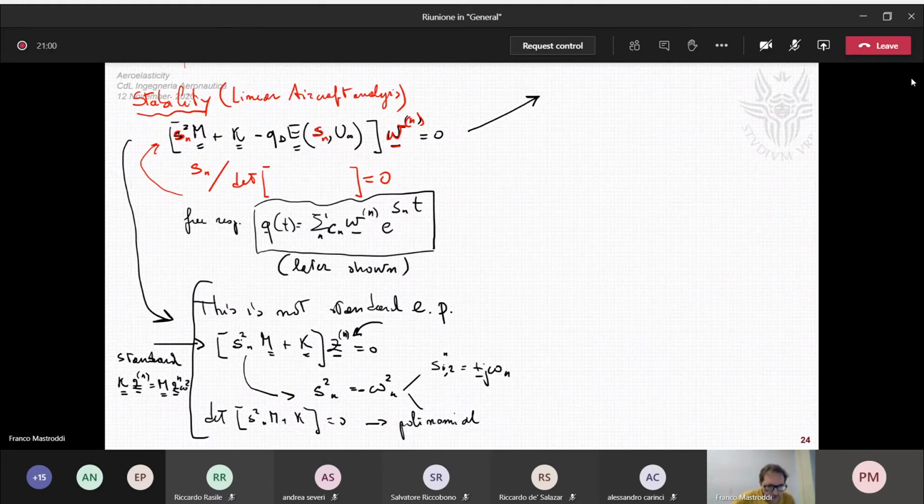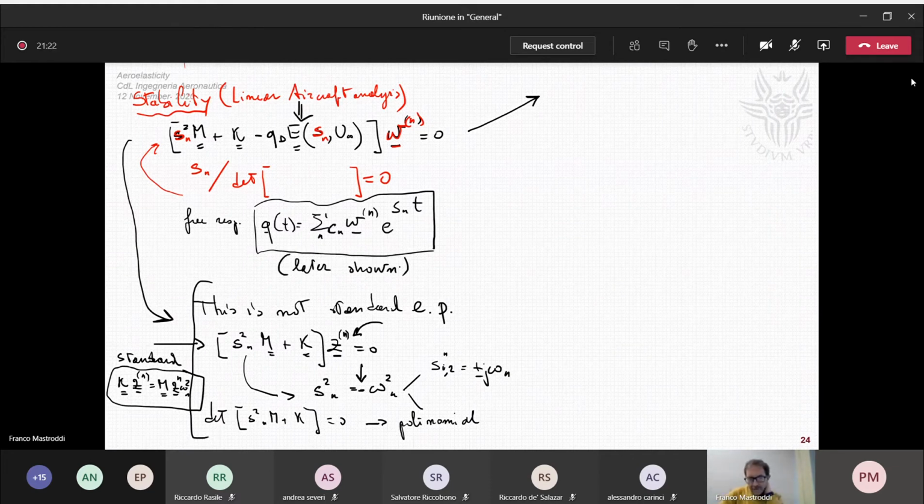Pay attention to the role of this minus sign in defining the eigenproblem and the Laplace transform of this. This is standard in MATLAB, a two-matrix eigenproblem, standard again. But here we have this, which is not standard at all.